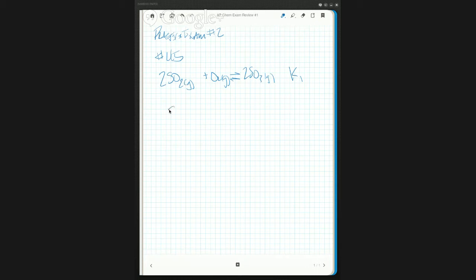And so then they just took it and they made it SO3 gas in equilibrium with SO2 gas plus 1/2 O2 as a gas. Okay, but they want to know how that works. So I want you to notice 2 things. Number 1, the first thing, they flipped the equation, or you could say they reversed it.